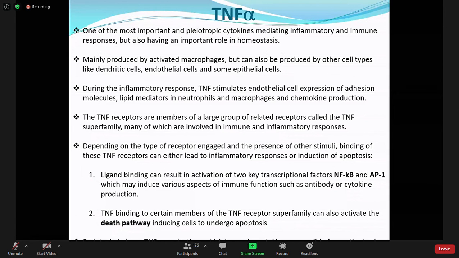One pathway is the generation of an inflammatory response through activation of NF-kappa B. The other pathway is the generation of a so-called death pathway, inducing a cell to commit suicide, to undergo apoptosis. So this is a mechanism for this particular cytokine to kill things like tumor cells. This is why it was called tumor necrosis factor, or to kill, say, virus-infected cells.